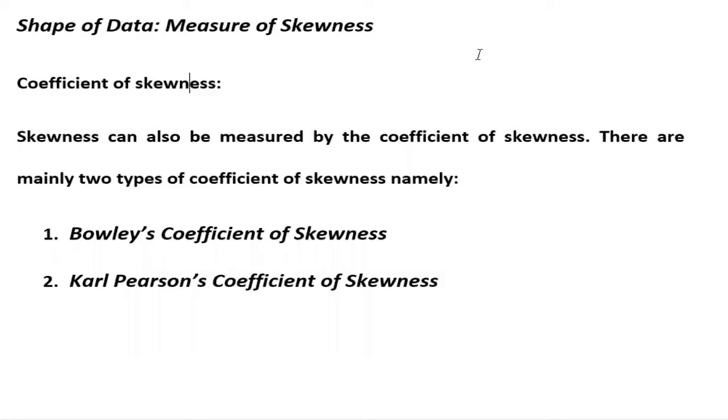One is Bowley's coefficient of skewness, that is based on the quartiles, and the second one is Pearson coefficient of skewness. This is based on the mean, median, and standard deviation of the data. Let us know one by one what is Bowley's coefficient of skewness and Pearson coefficient of skewness.